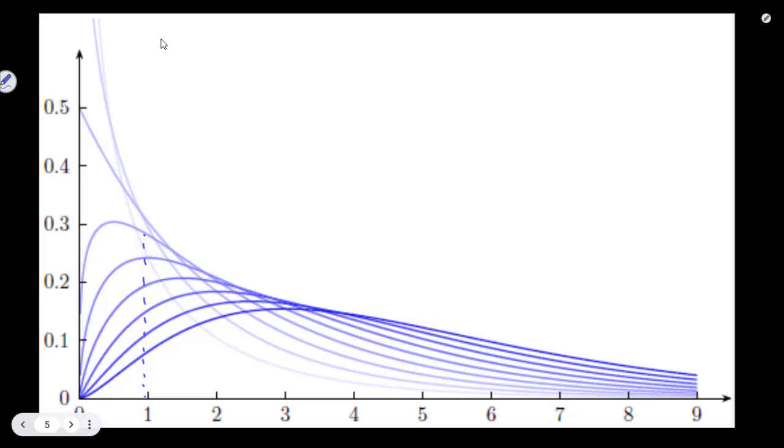Degree of freedom of 2 would probably be this one right here. Degrees of freedom of 3 would probably be maybe this one right here. So you can see as the degrees of freedom increases, your distribution is going to become more symmetric and less obviously skewed right.